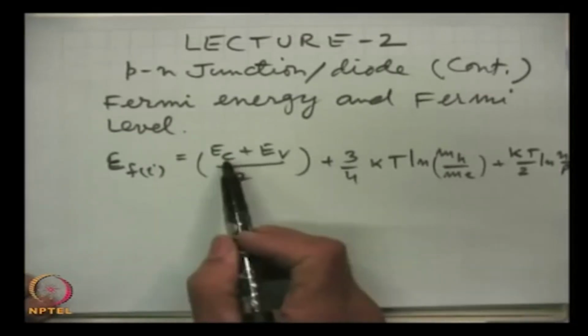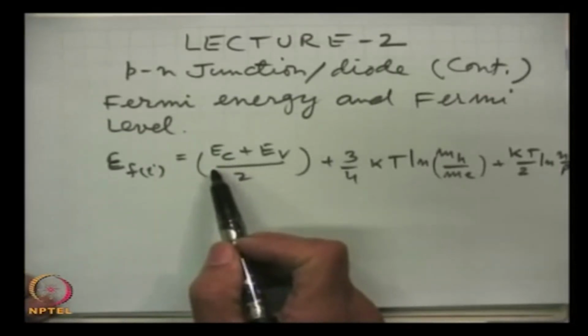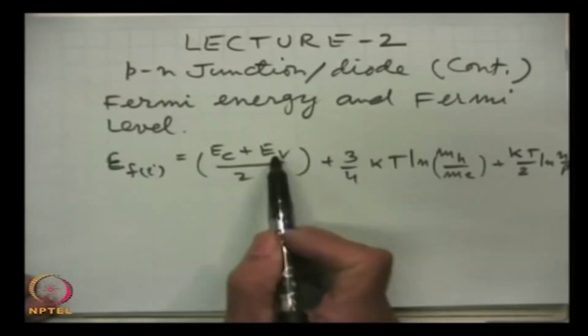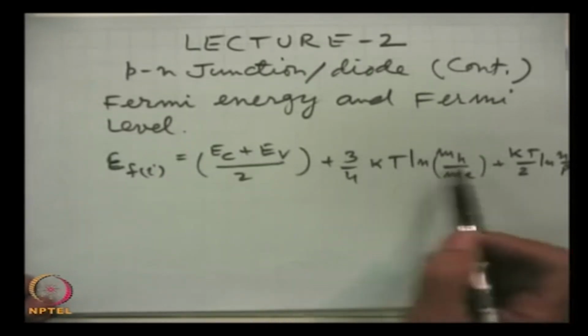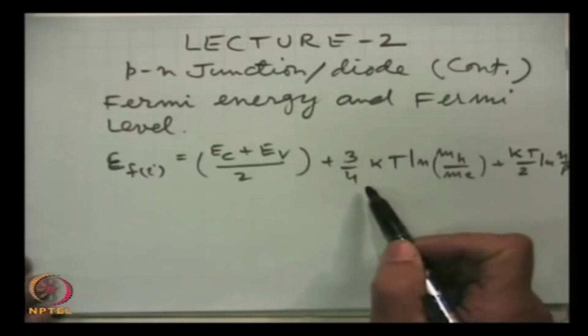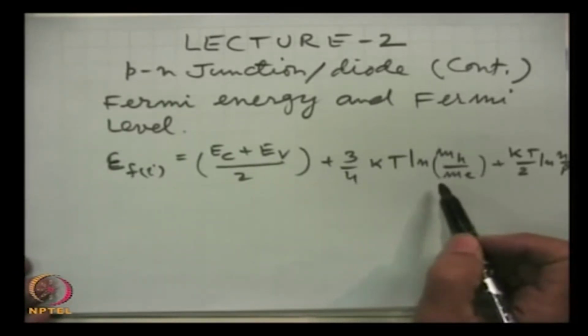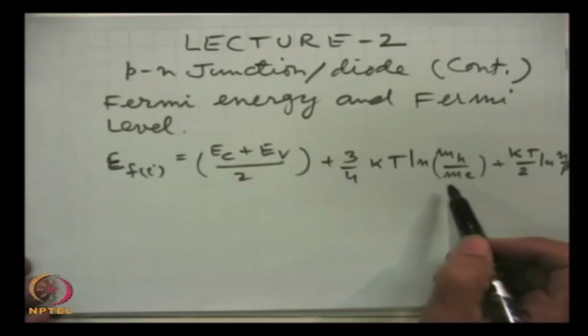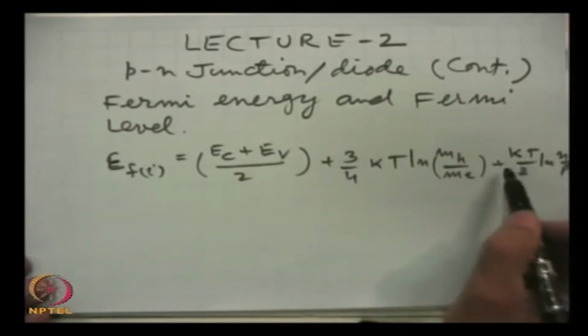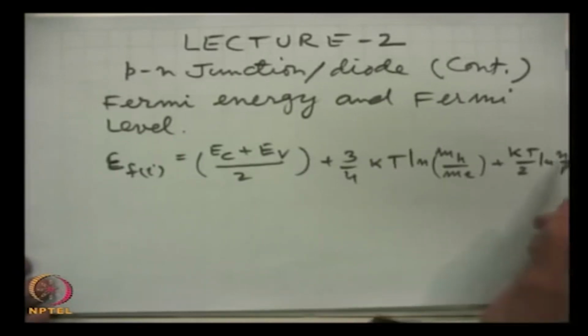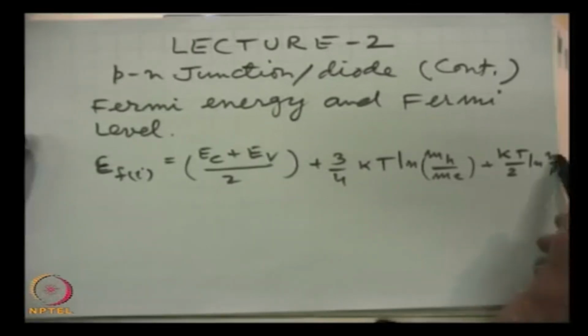In this expression, E c is the lower edge of the conduction band and E v is the upper edge of the valence band, k T, T is the temperature, k is the Boltzmann constant, m h and m e are effective masses of hole and electron respectively, and plus k T log n by p. n is the concentration of electron density and p is the hole density.